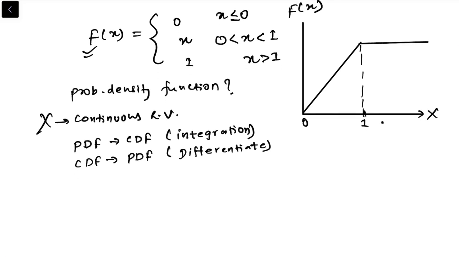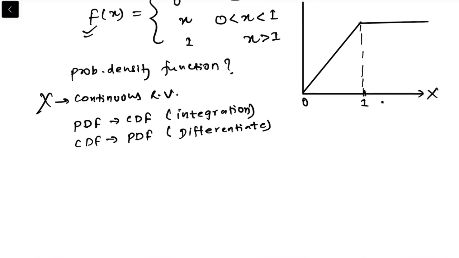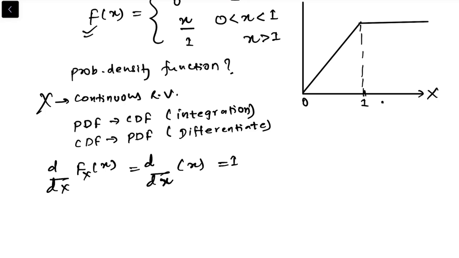Our CDF is x, and the differentiation of x is simply 1. So the PDF is 1, and please do not forget to write the range of x, which is 0 to 1.